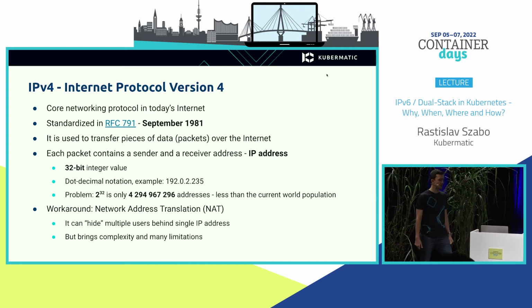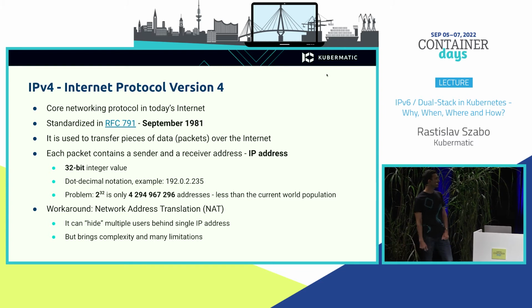The workaround that we are applying to this problem is called network address translation, which can hide multiple users or devices behind a single IP address. This workaround has been working for quite a long time, but it brings a lot of complexity and many limitations that we would like to avoid.